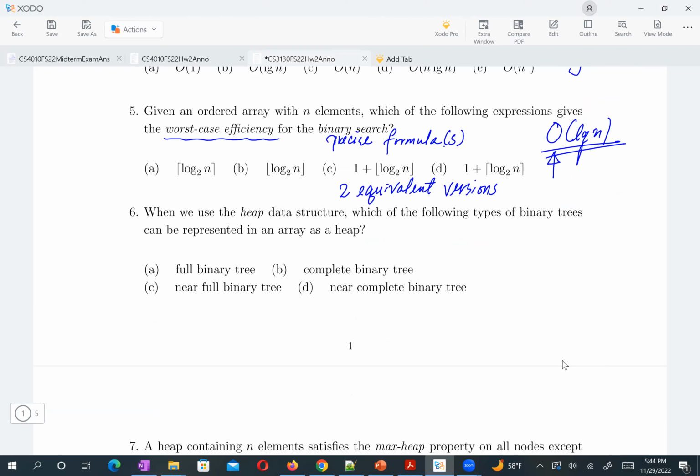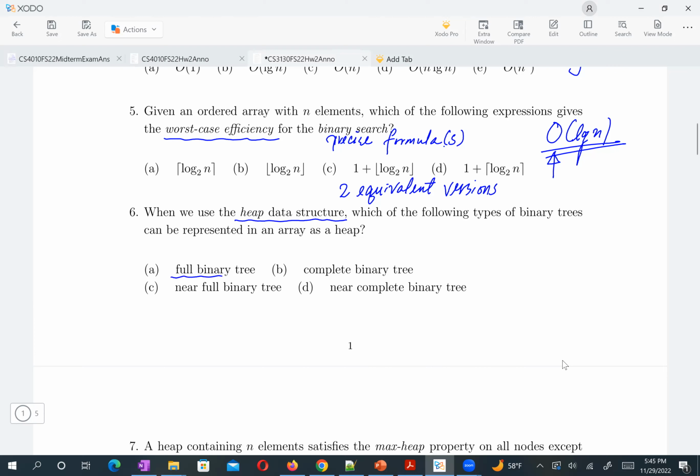Number 6, I like to explain one term I didn't talk about in class. Here the question, the heap data structure, which of the following types of binary trees? So here we need to look at the two different types, basically.